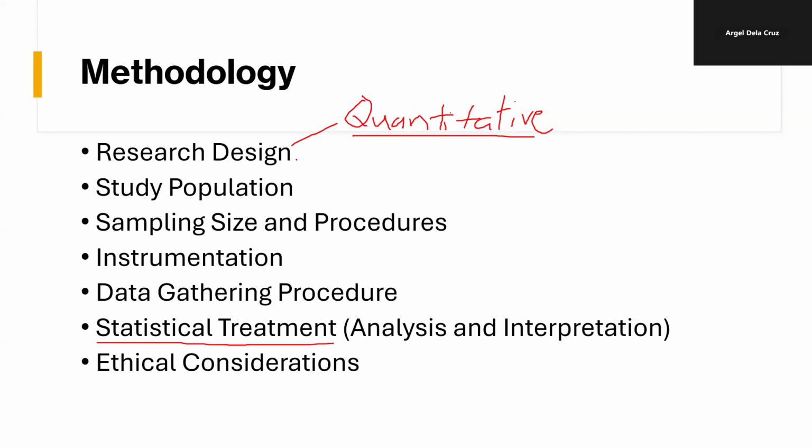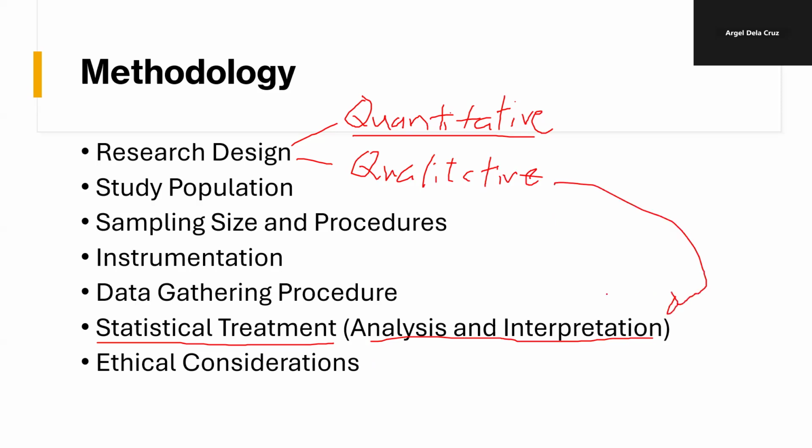And likewise, if you're using the qualitative, you're using analysis and interpretation. Okay, so that's the difference. Since most of you will prefer to use the quantitative research design, we're going to use the statistical treatment of data.